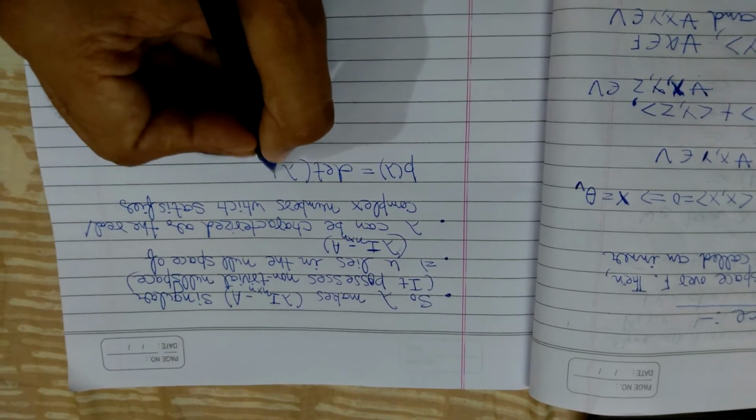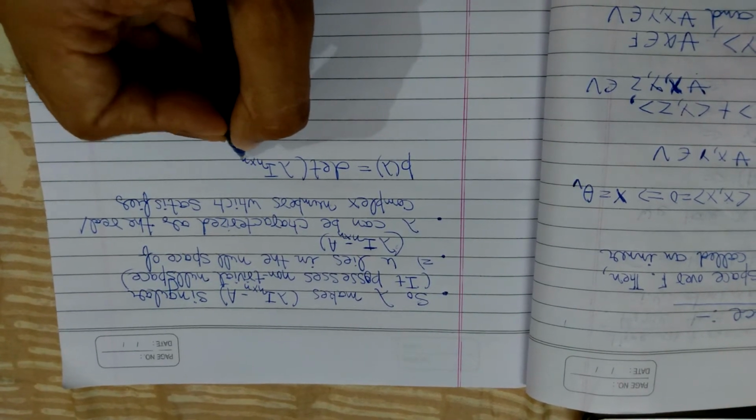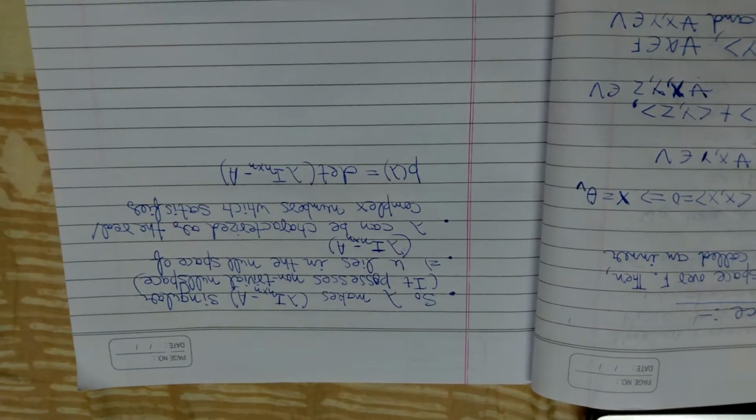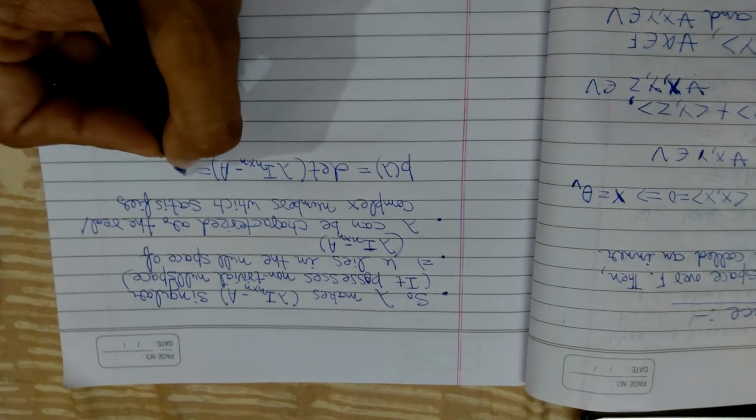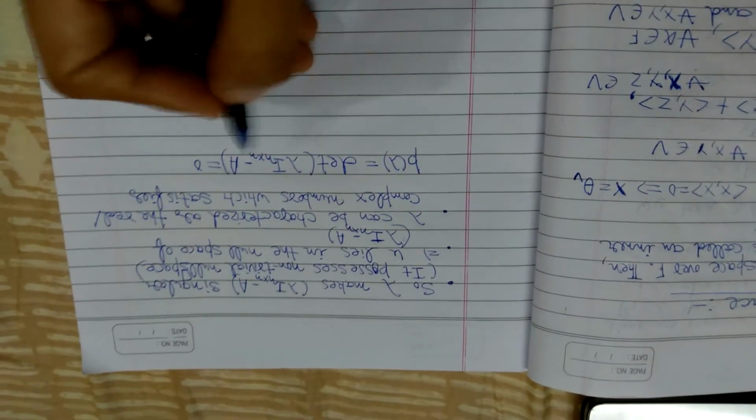Determinant of lambda I n cross n minus A equal to 0. So one will get a characteristic polynomial by solving it.